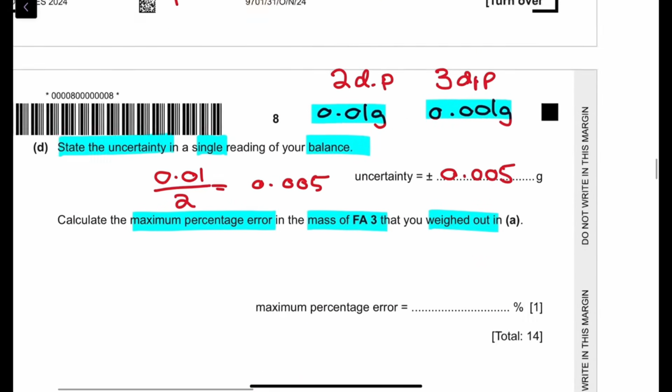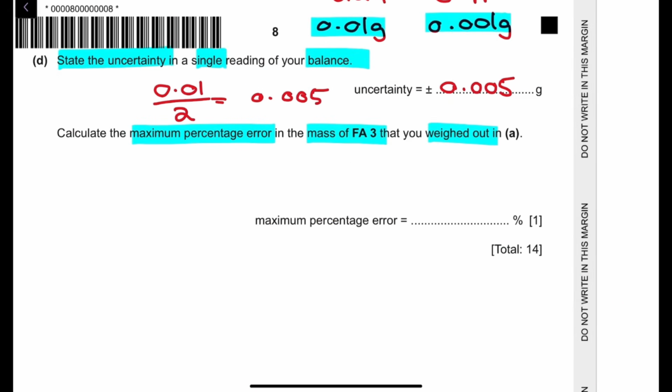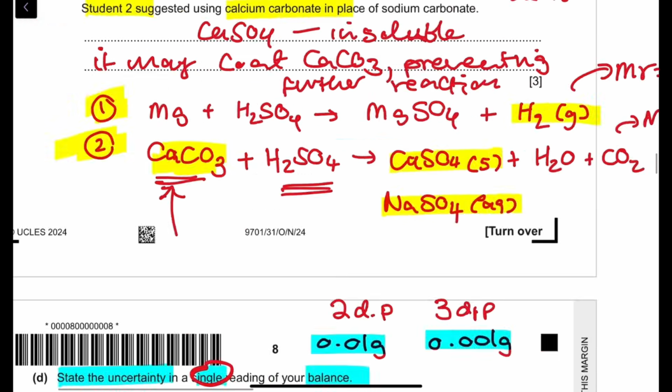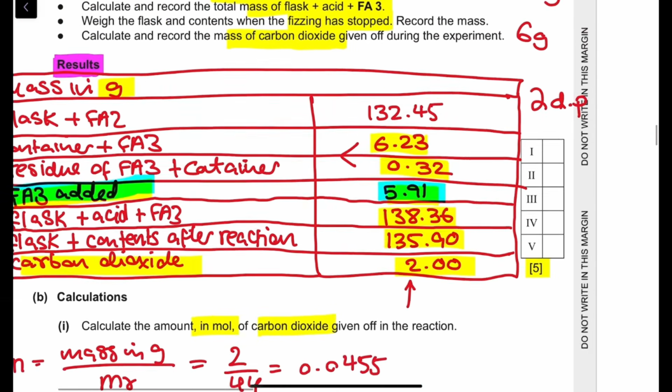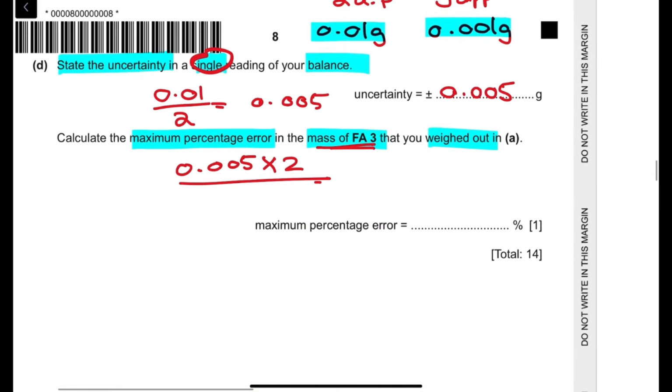Since the uncertainty for one single reading is 0.005 and we've taken 2 to calculate the mass of FA3, our uncertainty is going to be 0.005 times 2 over the mass, which is 5.91 grams, times 100.